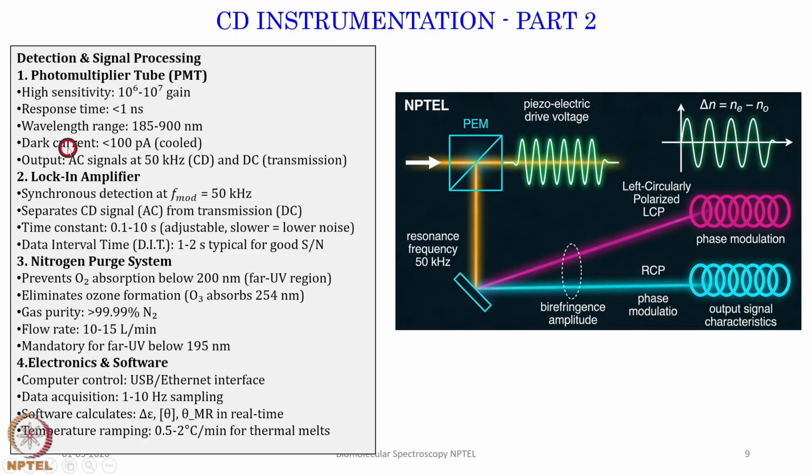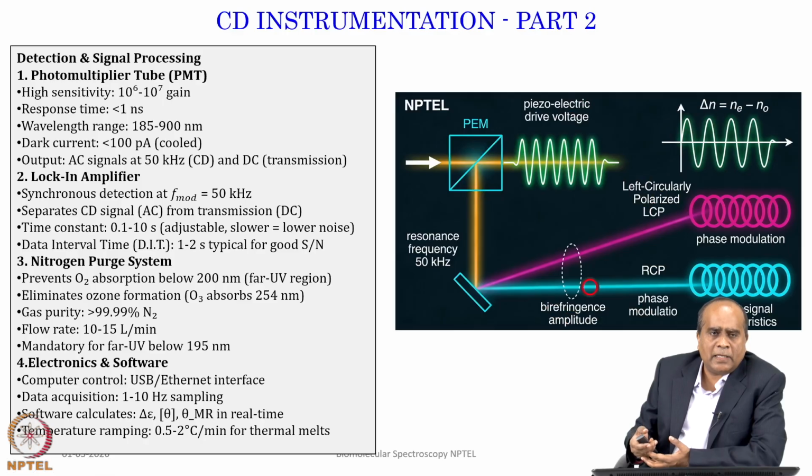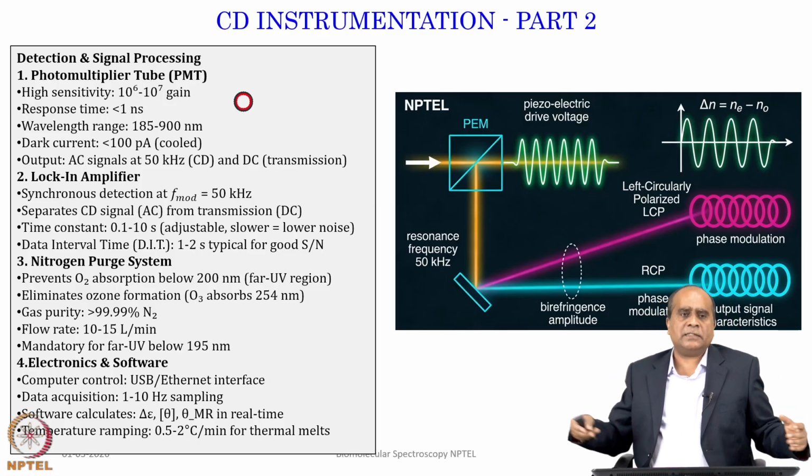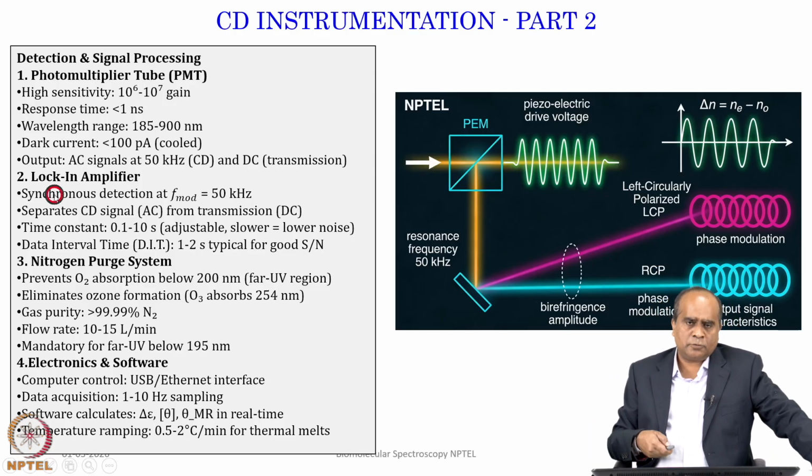So, after that, now we have the light source, we generated it, and left handed polarized light and right handed polarized light are coming out from here. So, one can have basically these two lights, then we can have the sample, and after the sample, the detector. So, after that we have detection and signal processing, one can have a photomultiplier tube, which basically is measuring how much light is coming after passing through the sample.